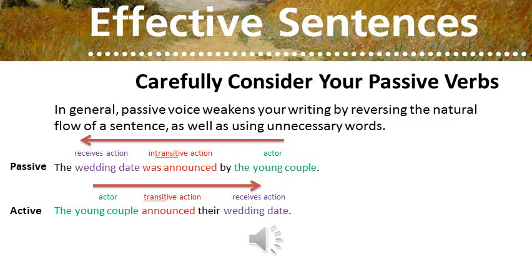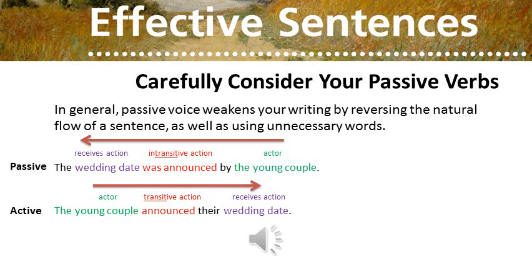I've added these arrows here. That's not in the book. Because what you want your sentence to do is to move from the beginning to the end. Okay, you want the action to be distributed in that direction. When you use passive voice, you are altering or reversing the action.